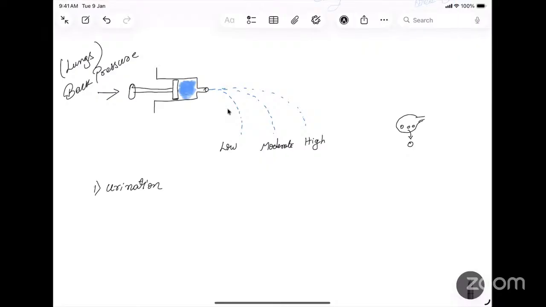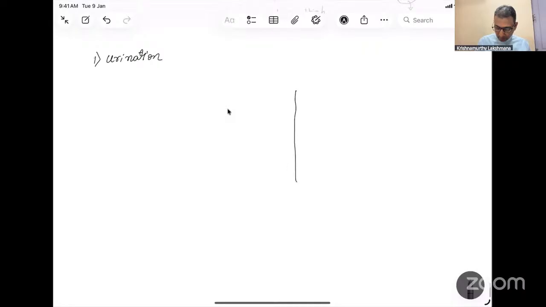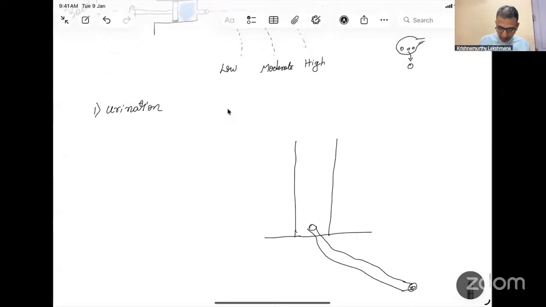Okay, let's try to understand it this way. You know the bicycle pump, right? All of you have seen a bicycle pump. There is a valve. What does the bicycle pump do?